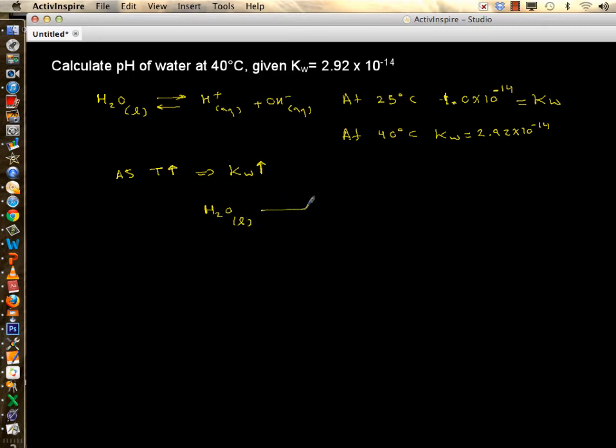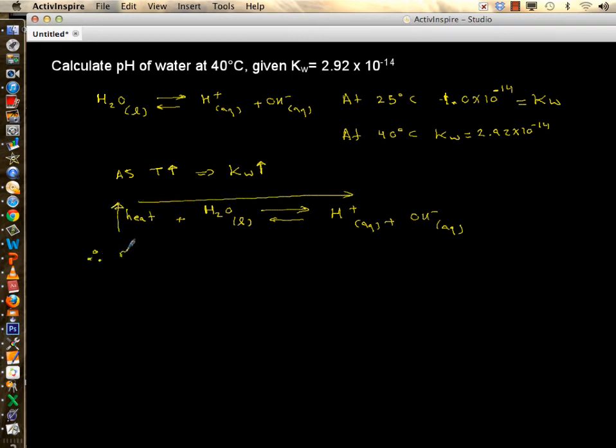Where is the quantity of heat? Now let's go after Le Chatelier's principle from our equilibrium: H plus and OH minus. As temperature goes up, you're shifting to the right, and H plus and OH minus are going up. So heat is a quantity that is sitting on the reactant side. As temperature goes up, you shift to the right.